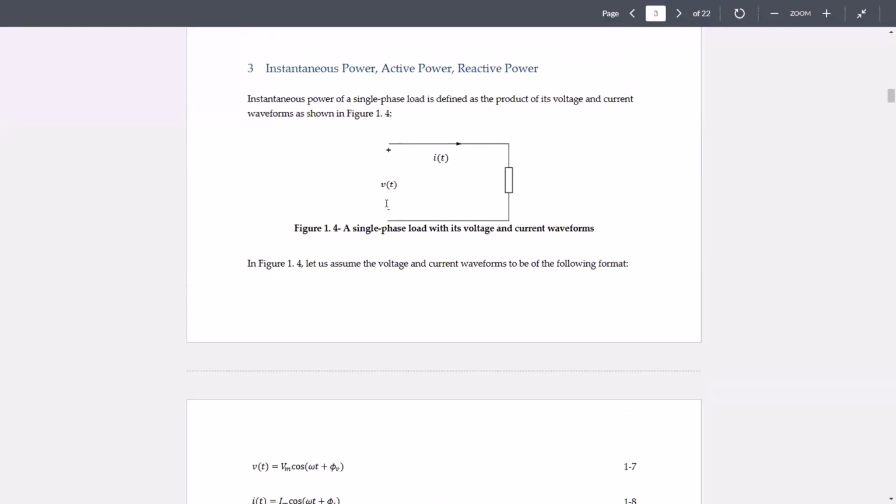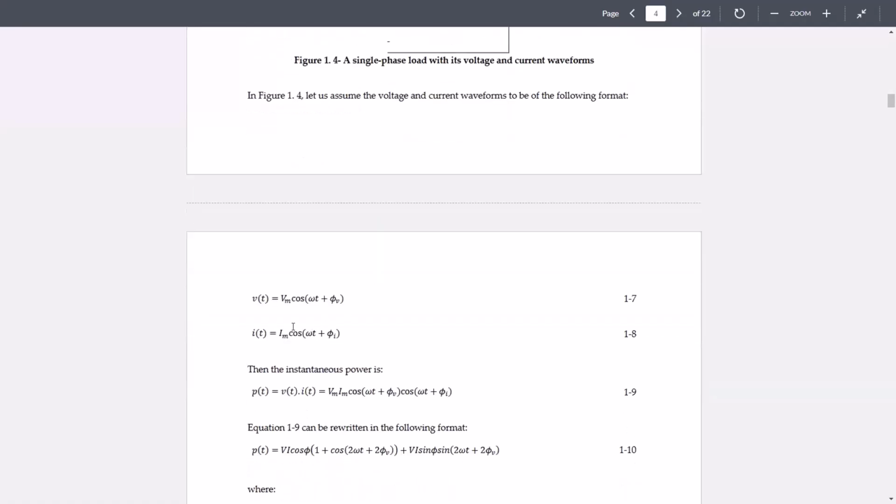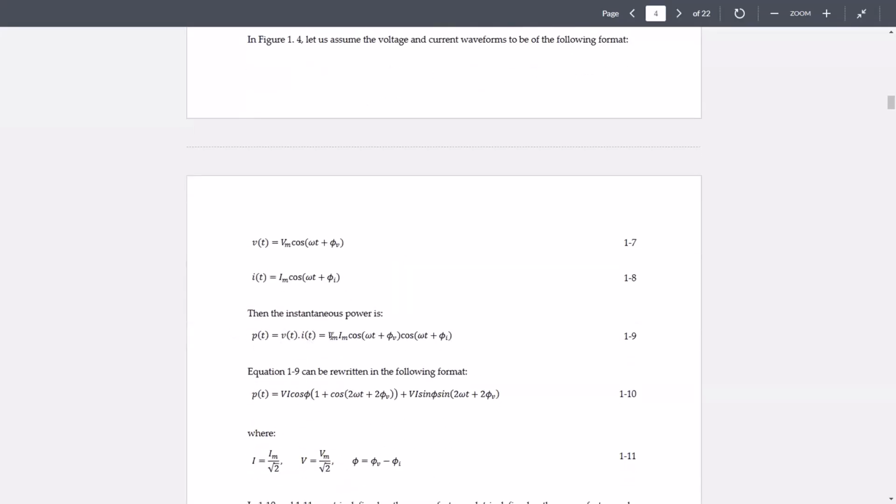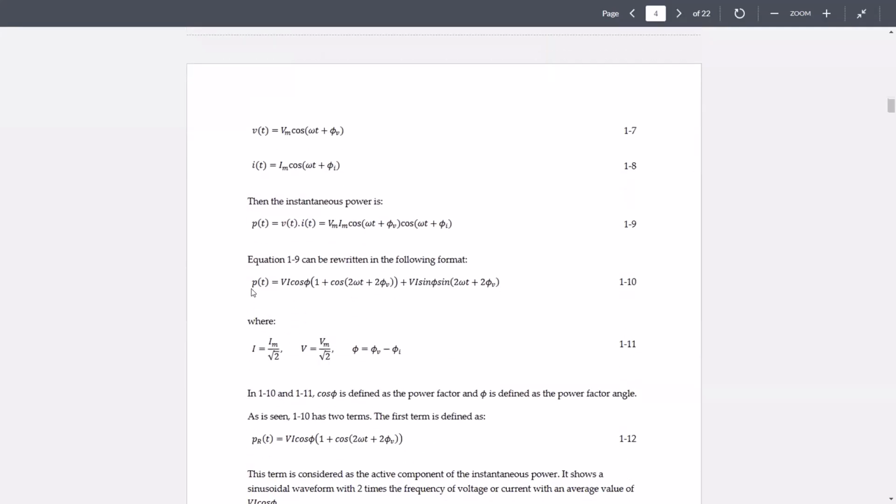But in the case of a sinusoidal network, the voltage and current would be sinusoidal for any element. Therefore, the instantaneous power would be the multiplication of the voltage and current sinusoidal forms, and it would get you something like this.